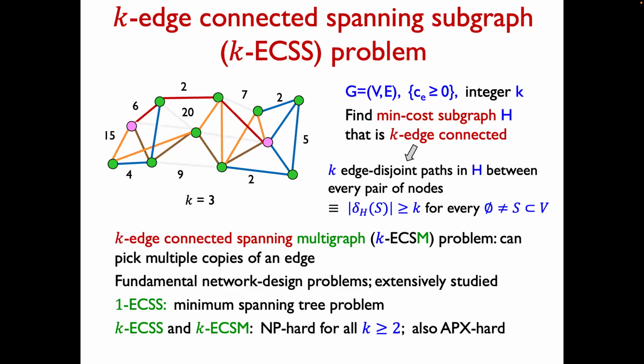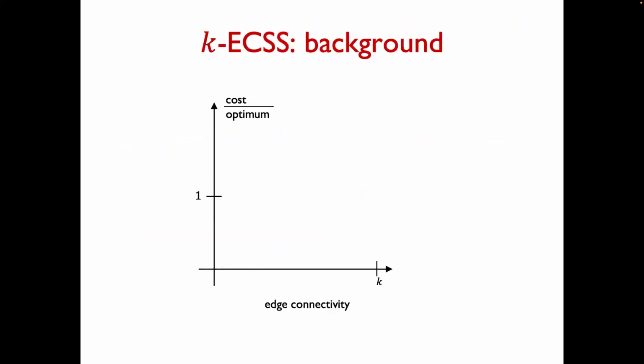To place our results in context, I want to go over some background on this problem. I'll do so by looking at a 2D plot where I have edge connectivity on the x-axis and the ratio of the cost divided by the optimum on the y-axis.